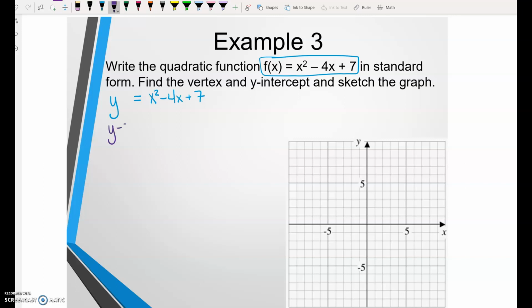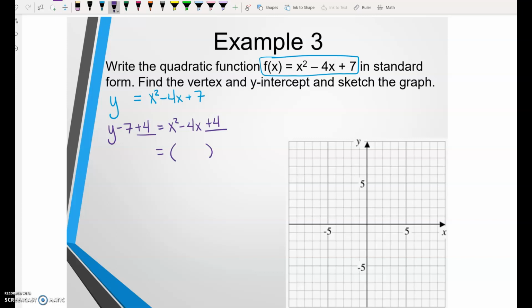I'm going to start by subtracting 7 on both sides and leave myself a blank, y minus 7 plus blank equals x squared minus 4x plus blank. We have to figure out what to put here that would complete the square. So 2 times what is negative 4? Negative 2. Negative 2 squared is positive 4. So the number that we need to add to complete the square is positive 4.